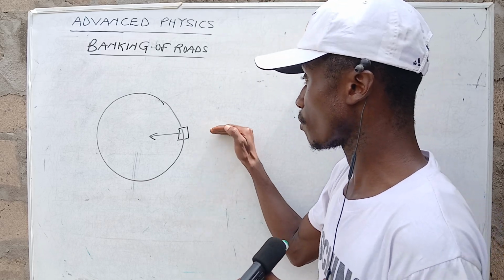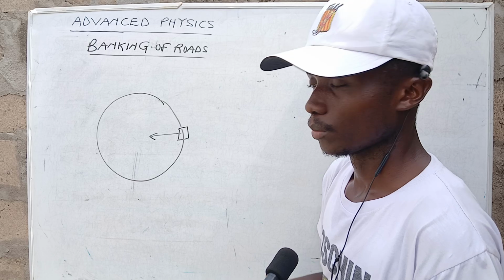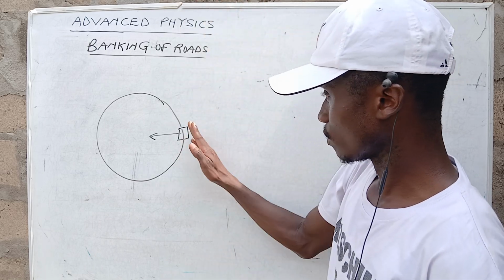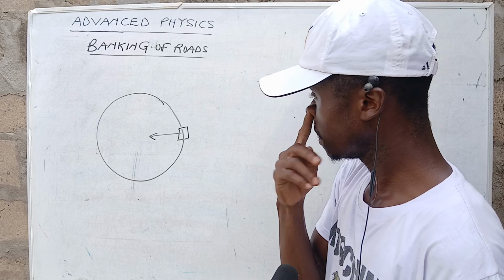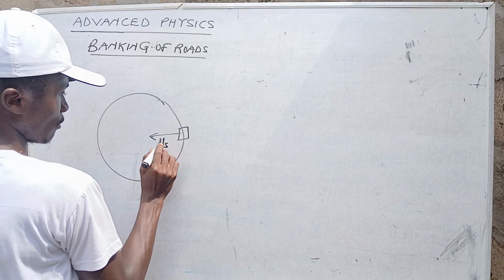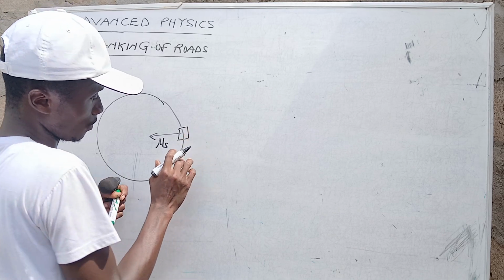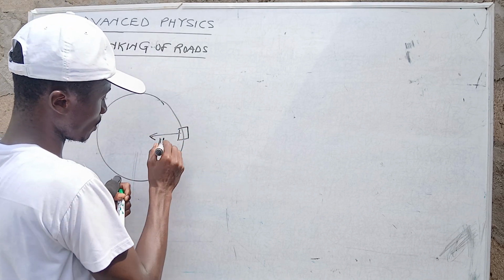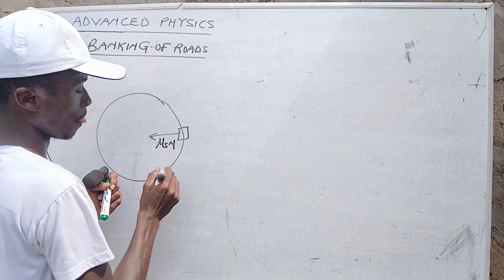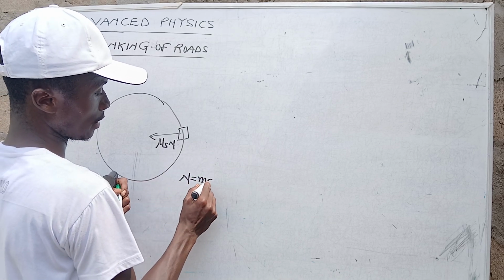And that is going to be provided by friction. Without friction, the whole system will slide away. It will skid. We call it skidding. So the maximum friction that the car can apply with the road is mu s times the normal reaction force, where N is equal to mg.